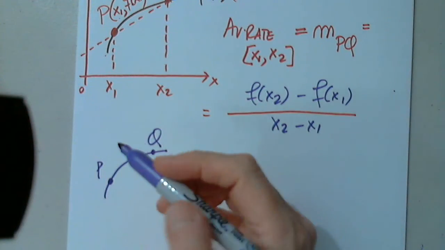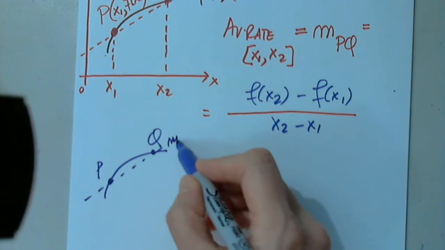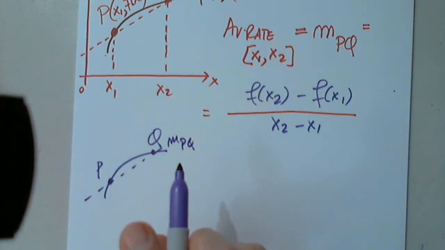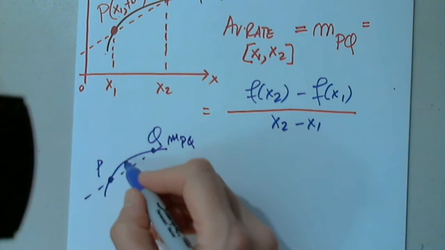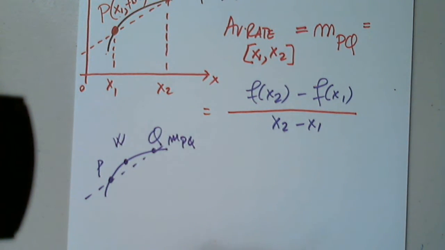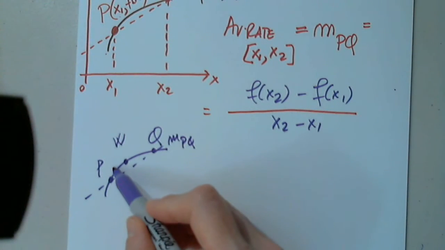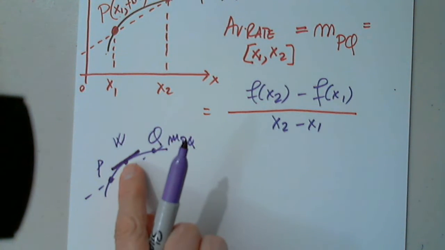But if you call me, so this will be the slope of this line, PQ. But if you call me when I pass by Wilmington, Delaware, let's say here, this is Wilmington, and you say to me, tell me what your odometer says, what is your speed at that instant, you're really asking me to give you the slope of the tangent line.